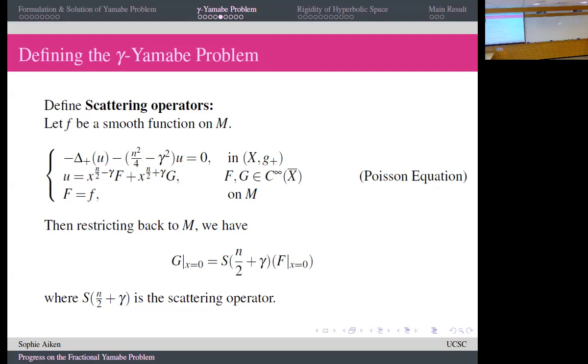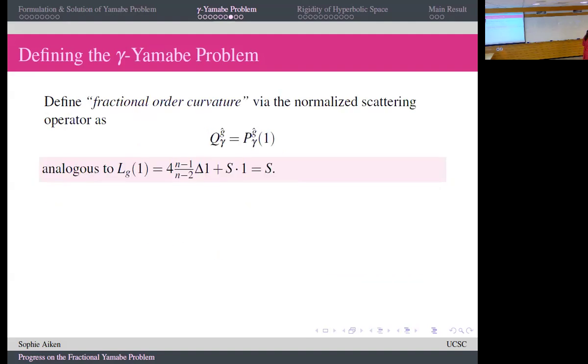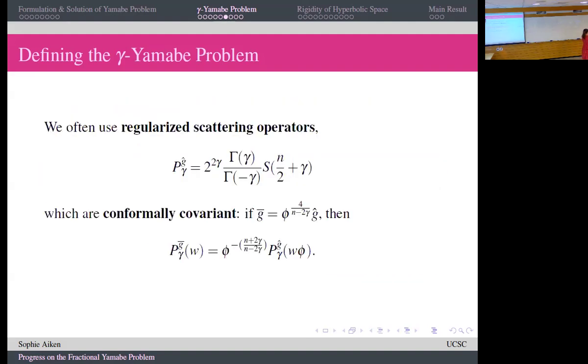And this scattering operator, for our purposes, we want to normalize. So we'll use the regularized scattering operator instead of just the straight scattering operator S of n over 2 plus gamma, because now we have a conformally covariant operator again, which is really what we want.